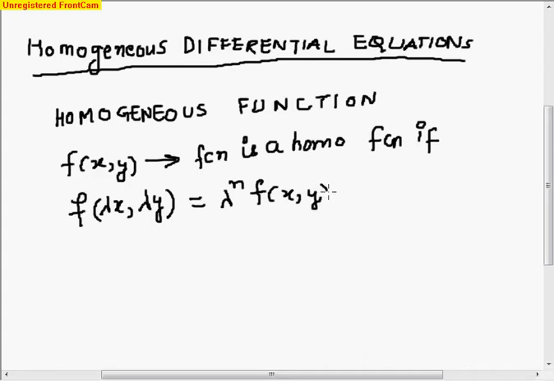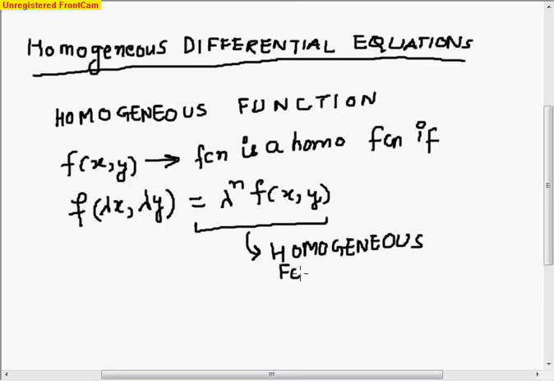Then I say that this function f(x, y) is a homogeneous function of degree n. This small n is the same as this n.